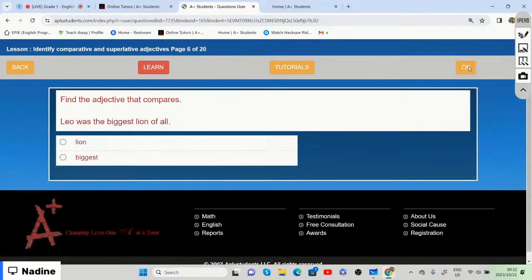All right. So Leo was the biggest lion of all. Is it lion or is it biggest? We need to find the adjective that compares.